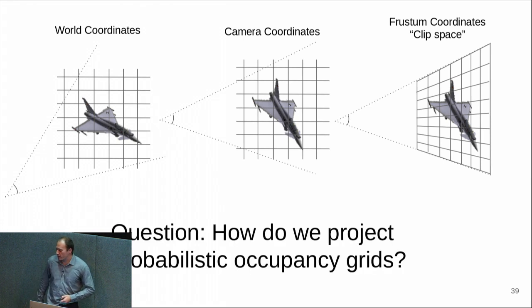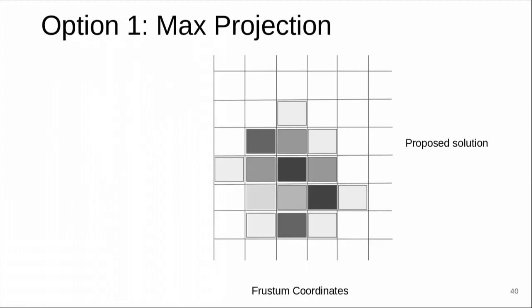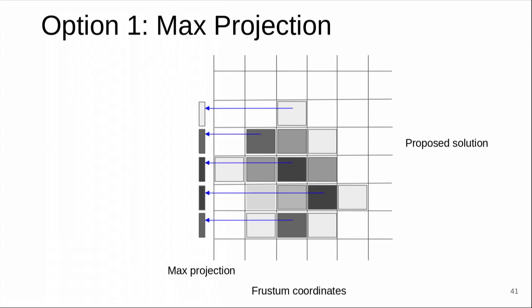But we still have this question: how do we project probabilistic occupancy grids? You can come up with lots of ways in your head that might be great. The most obvious one might be what I call max projection. If we take our 3D voxel grid, reduced to 2D for visualization purposes, in clip space, in frustum space, max projection just says, let's go along the ray and take the maximum value of the probabilistic voxel grid along the ray.